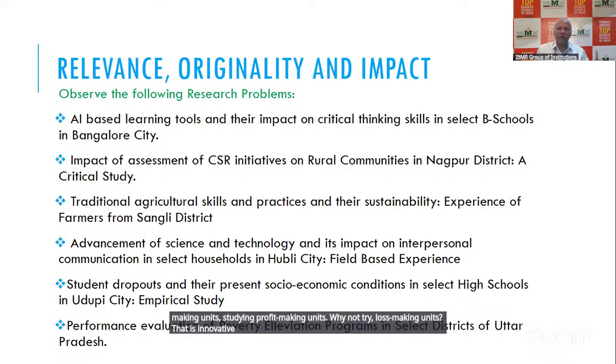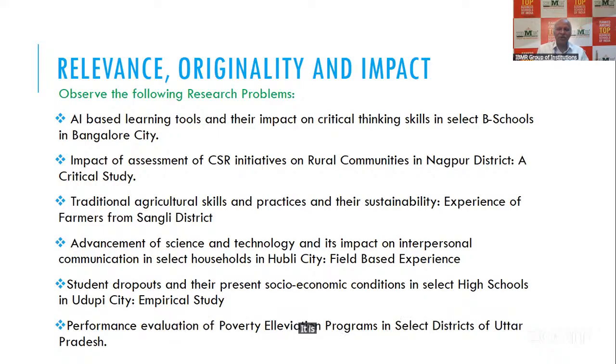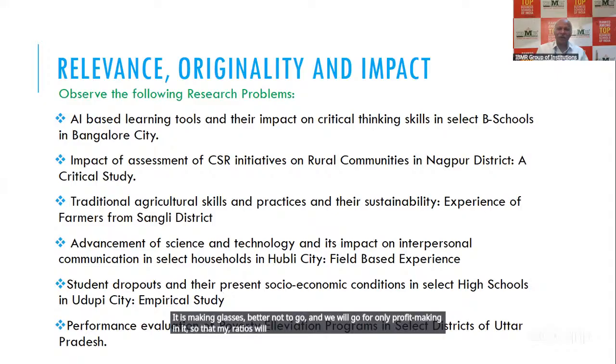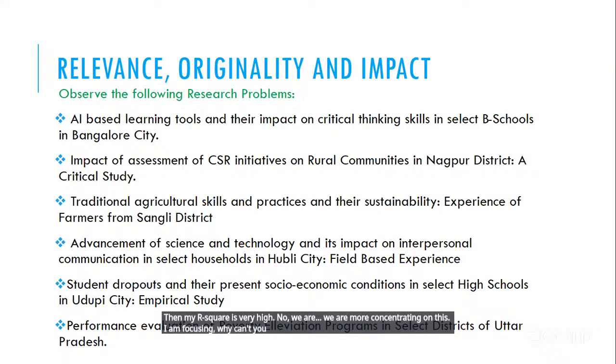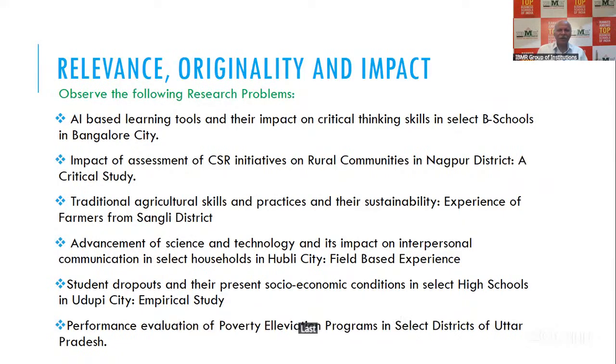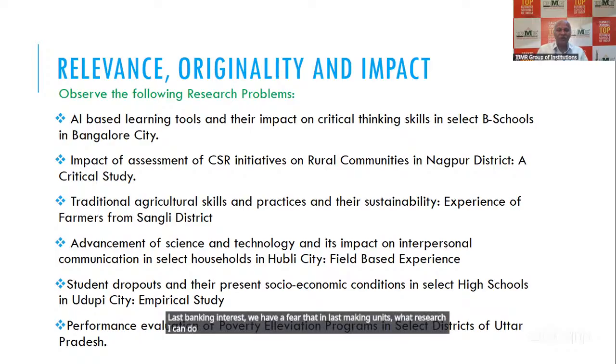We never prefer it. We think it is making losses, so better not to go, and we go only for profit-making units so that my ratios, statistical values and explanation will be good, and my R square is very high. We are more concentrating on this. Why can't you study loss-making units? We fear that in loss-making units, what research can I do? There is a lot of research to do.